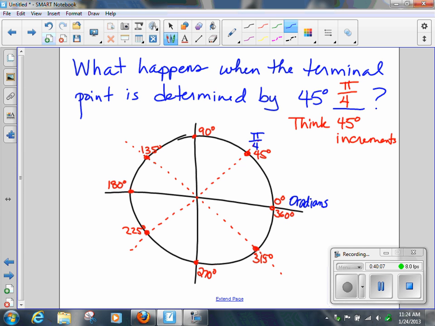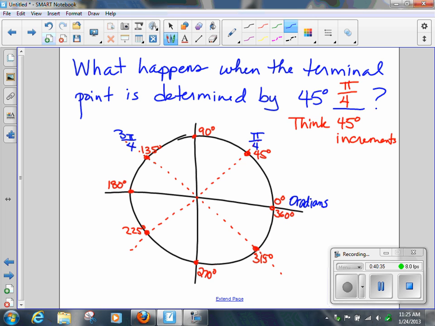Now we're going to think in terms of fourths, okay? So I've got 1/4. What's this going to be? 2/4. Oh, but wait, it reduces to what? That didn't change. What's this next one going to be? 3/4 or 3 pi over 4. And the next one would be 4/4. Oh, but hold on. That's really just pi, isn't it?